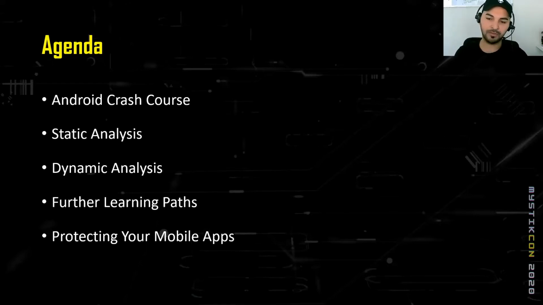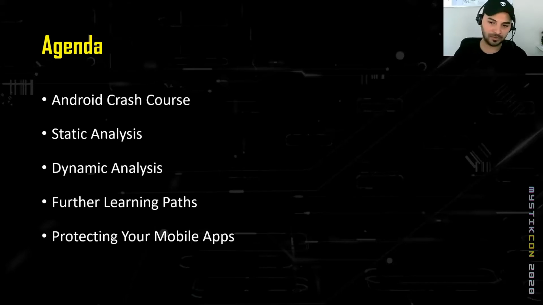Once we cover these two topics, I've put together another section around further learnings and paths. That means what else you can do, or how you could self-study if you want to learn more and do more in the Android application pen testing space. This section is solely focused on that. I also provide very useful links that you can browse in your free time.